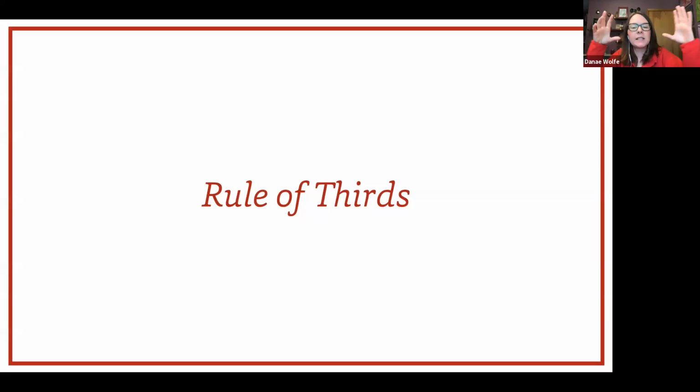So this basically creates a grid of 9 boxes. And the general rule of thumb is that where those lines intersect, those 4 points where your lines intersect, that is where you're going to have the most visual interest in your photograph. It also means that you can divide the composition into different vertical or different horizontal planes, and you want to put the points of interest on those planes.